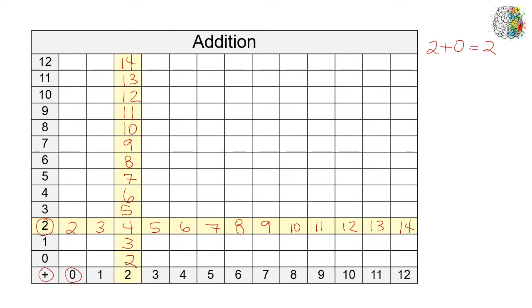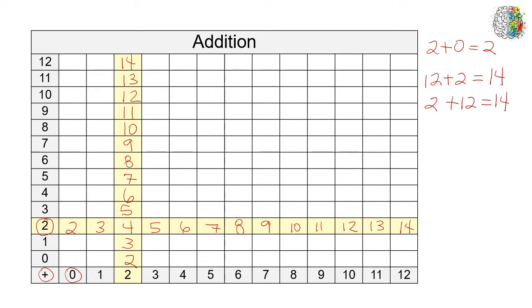The other thing that we've noticed when I have my numbers written out on this grid is that the order doesn't make any difference. If I have 12 plus 2, which equals 14, that is going to be exactly the same as 2 plus 12.